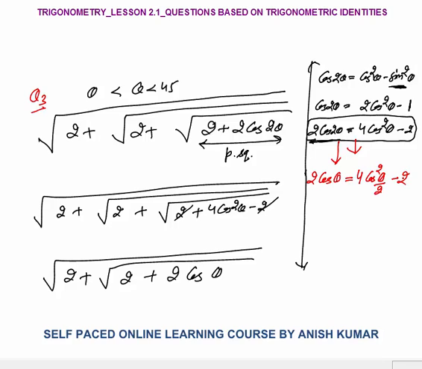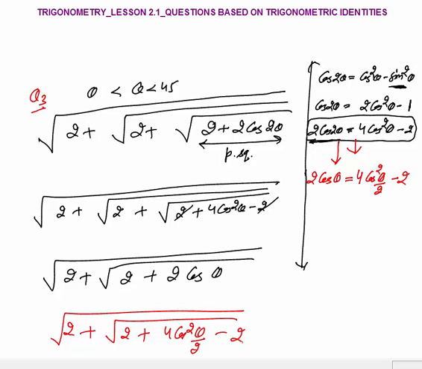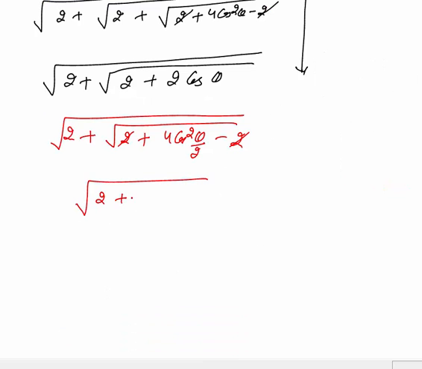No difference will be in the coefficient; you only need to know that the angle on the right hand side is half of the left hand side. So it was 2 theta, here it was theta. So you have to make the angle half on both sides. Now you can simply write 2 plus 2 cos theta is 4 cos square theta by 2 minus 2. Again 2 and 2 got cancelled out. You are only left with 2 plus 2 cos theta by 2.